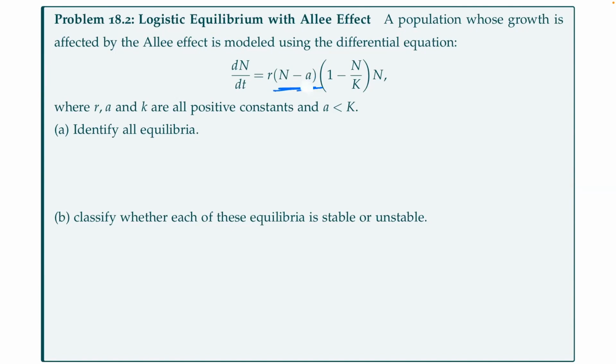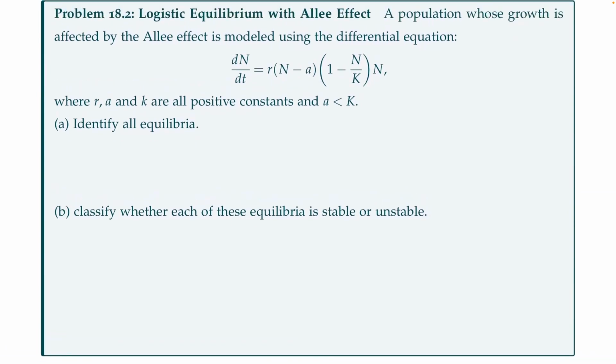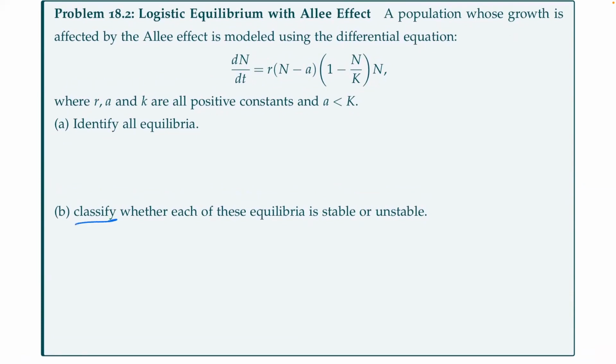Okay, so we're told that all of our constants here are positive, our R, our A, and our K. N is our population size. And we want to, first of all, identify our equilibria and then classify our equilibria. Now, whenever you see classify, because I always get this question, classify an equilibria basically means, is it stable or unstable?